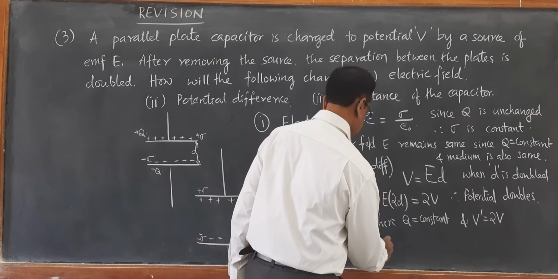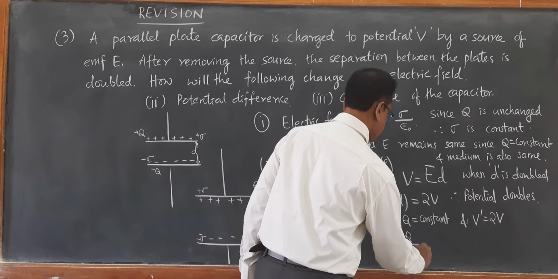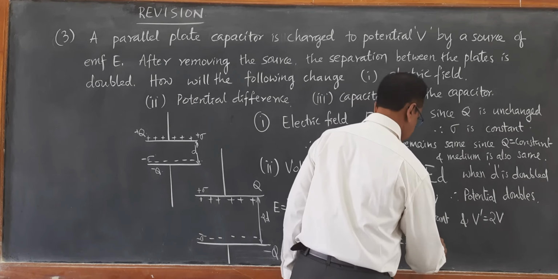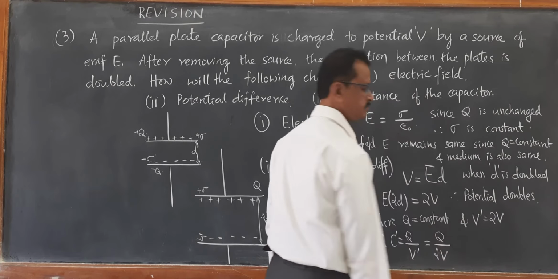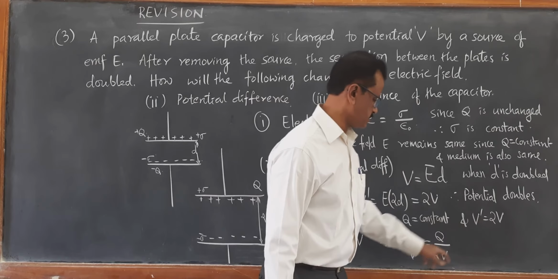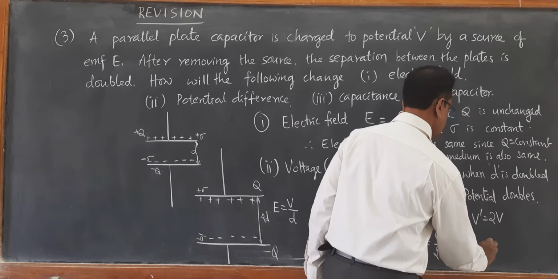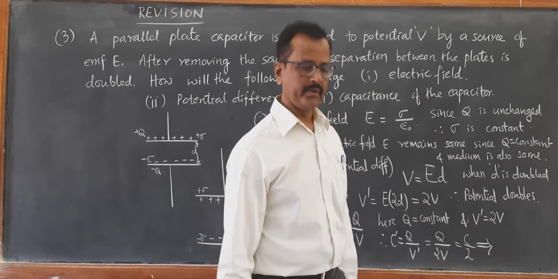Therefore capacitance C dash becomes Q upon V dash. This implies Q upon 2V, just substitute this 2V. So therefore it becomes C by 2. So capacitance is halved.